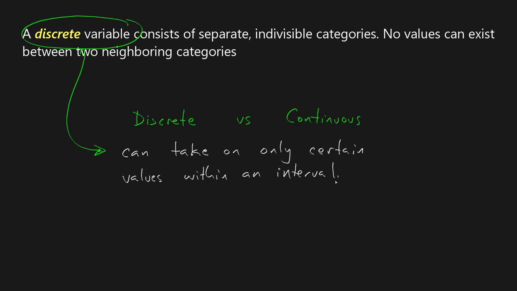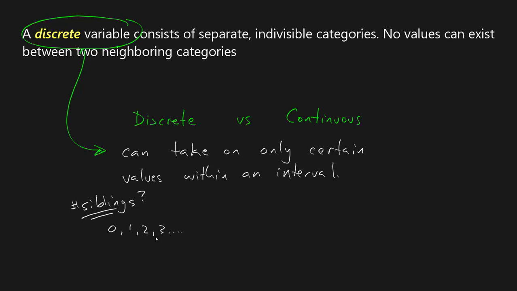So an example of a discrete variable or discrete data would be to ask somebody, how many siblings do you have? So how many brothers and sisters do you have? Well, it's either going to be 0 or 1 or 2 or 3 and so on. You can't have any values in between.